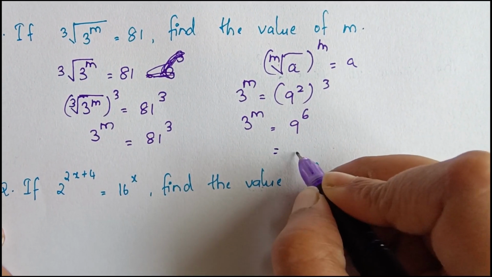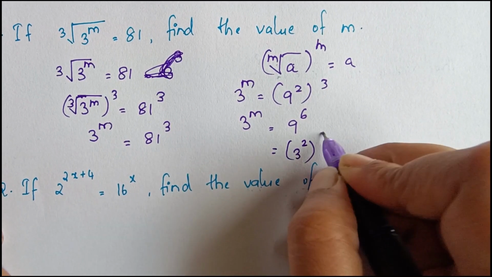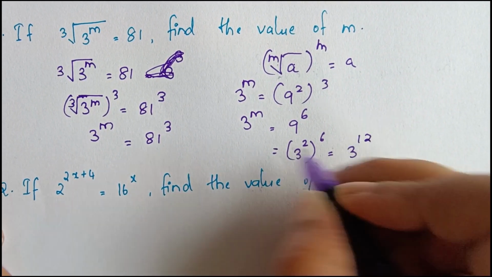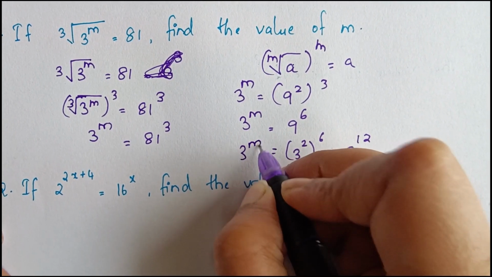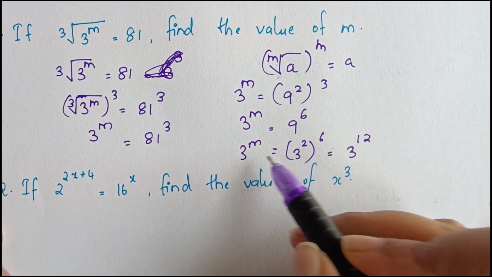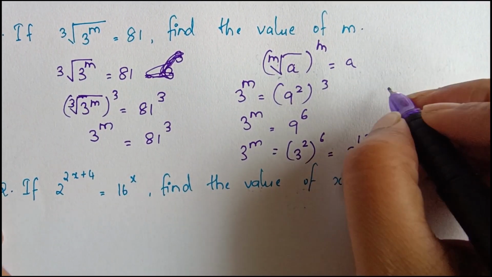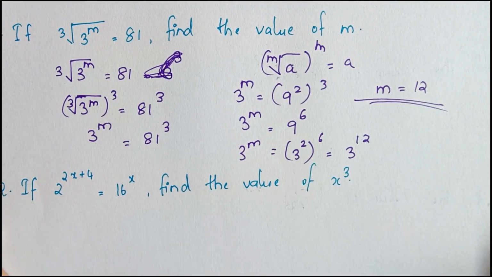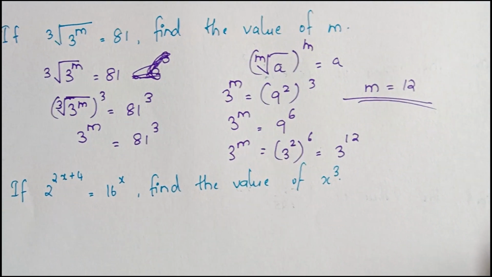So we can convert 9 raised to 6 as 3 squared, the whole raised to 6. That is 3 raised to 12. Now you can compare. 3 raised to m is equal to 3 raised to 12. Both the numbers are equal, so you can equate the powers, and now m is equal to 12 is the answer.